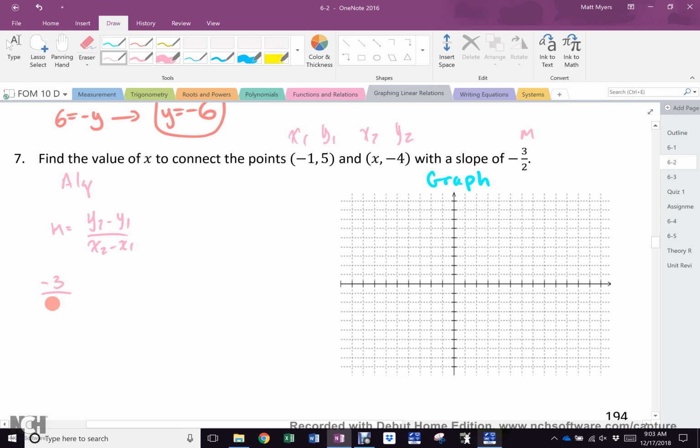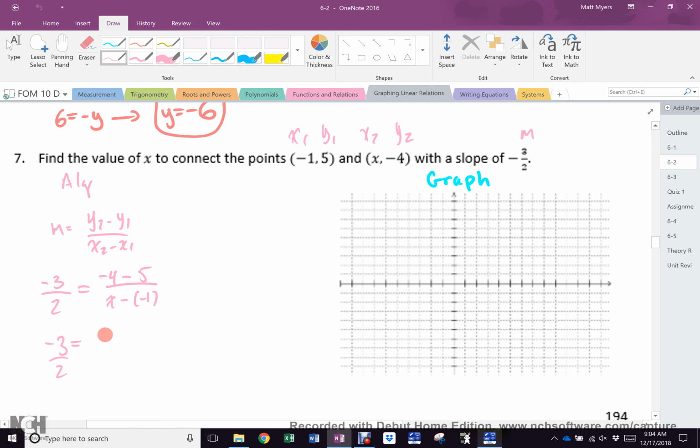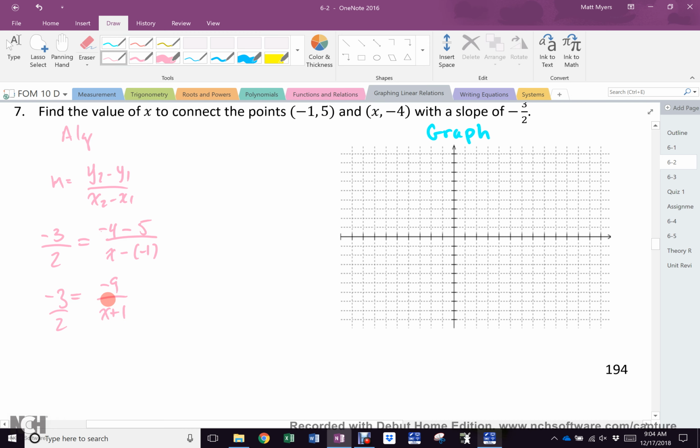-3 over 2 equals, what's y2? -4. -4 minus, what's y1? 5. 5 over, what's x2? X minus, what's x1? -1. Solve this. What's -4 minus 5? -9. What's x minus minus 1? X plus 1. What do I do whenever I see fraction equals fraction?